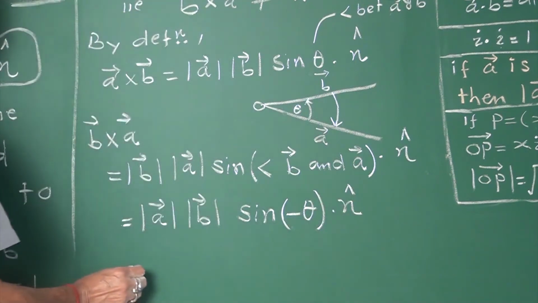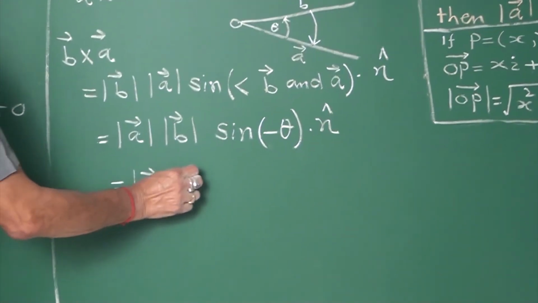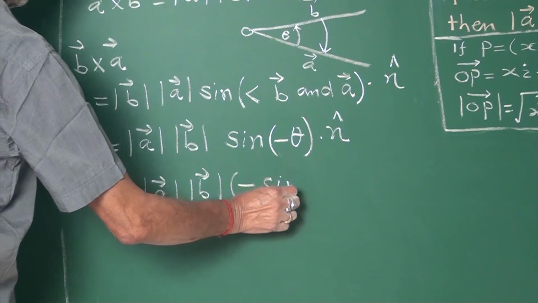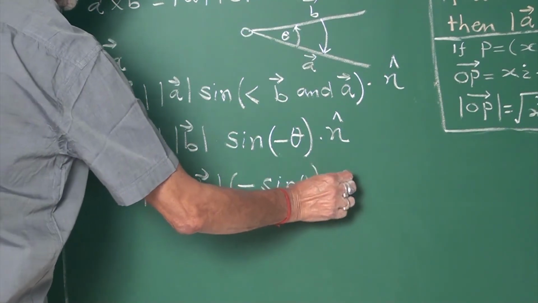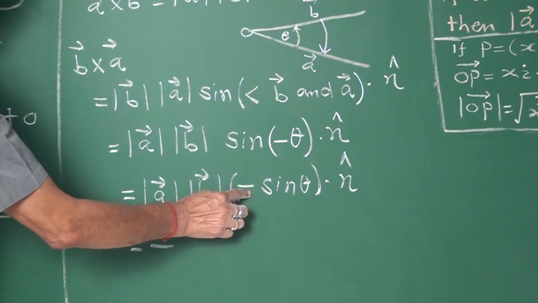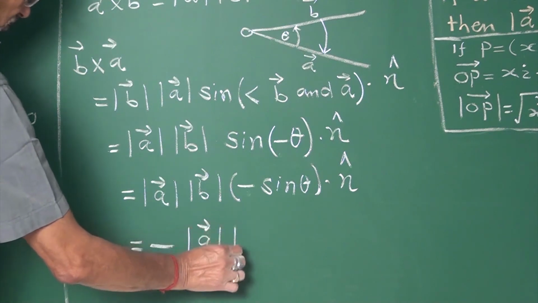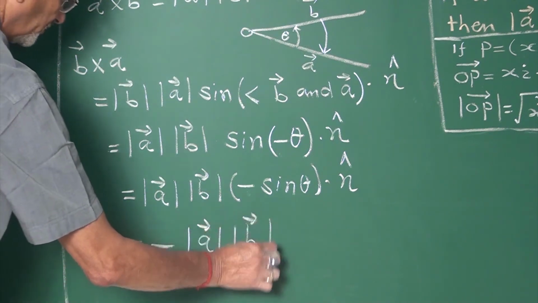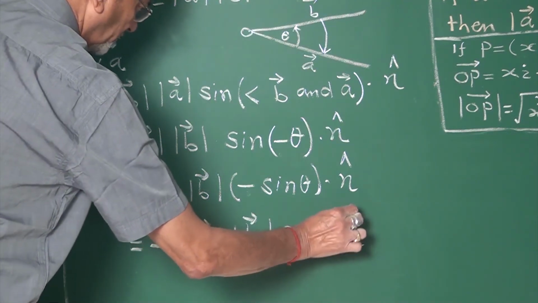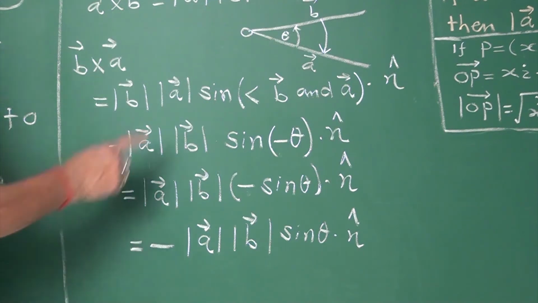But sine of minus theta is minus sine theta. Magnitude of A into magnitude of B into minus sine theta into eta cap, which is minus, this minus, my friend, it is magnitude of A into magnitude of B into sine theta into eta cap.